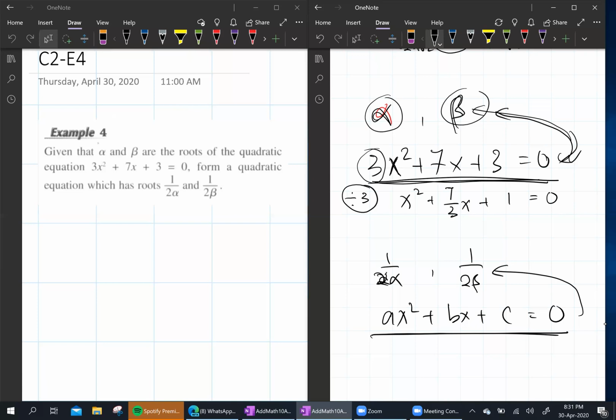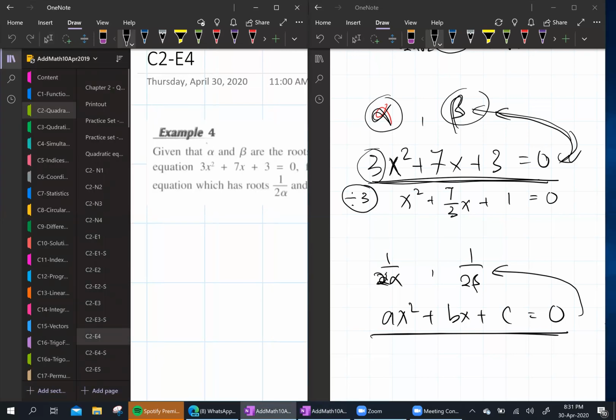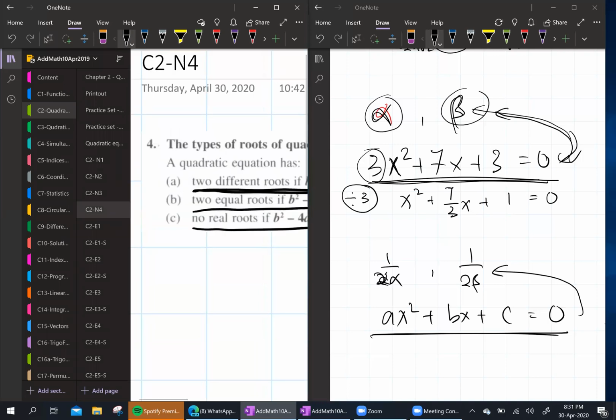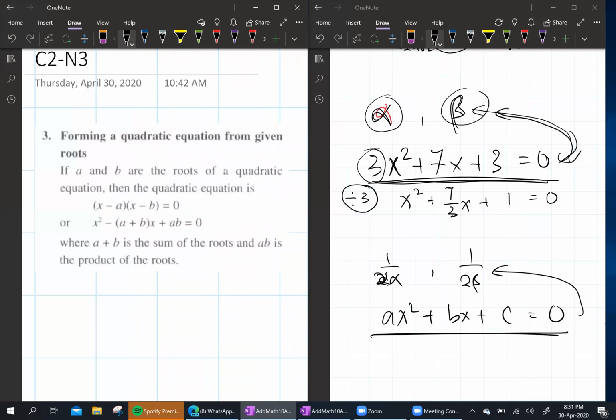If you go back to the notes just now, a and b are roots of this equation, then you have this or this. I think I write this off first.